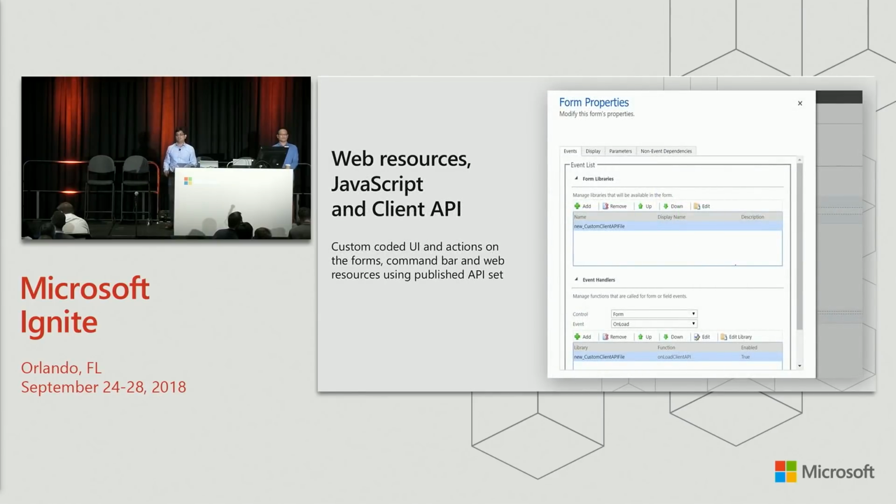The third one is web resources, JavaScript, and client API. This one requires the coding capability. Somebody would need to write code to extend the platform to achieve the scenarios which are not offered as part of the designers. So what you can do is you can insert your UI element using HTML web resources, or you can inject code into the client application using JavaScript files.